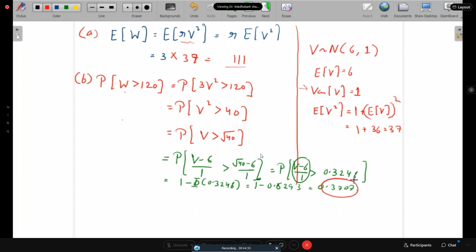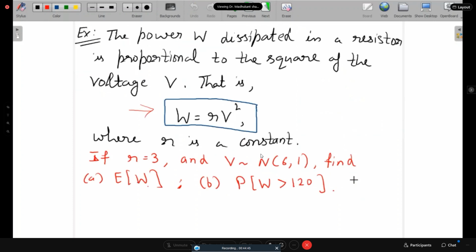Okay. But I think V square greater than 40 means... Also, sir, as V is following the normal distribution, there is a probability that it takes negative values, because the normal distribution exists at that point also. Pardon? Sir, as V is following the normal distribution, there is a probability that V is taking negative values. Yeah.